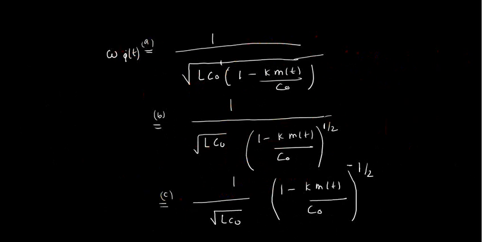Next, in order to get step B, I just took these two terms separately, and I have written this square root of 1 minus k m(t) by C0, which can also be written like this, 1 upon (1 minus k m(t) by C0) whole to the power 1 by 2. It's a simple manipulation. So from step B to step C is quite a trivial step, right?